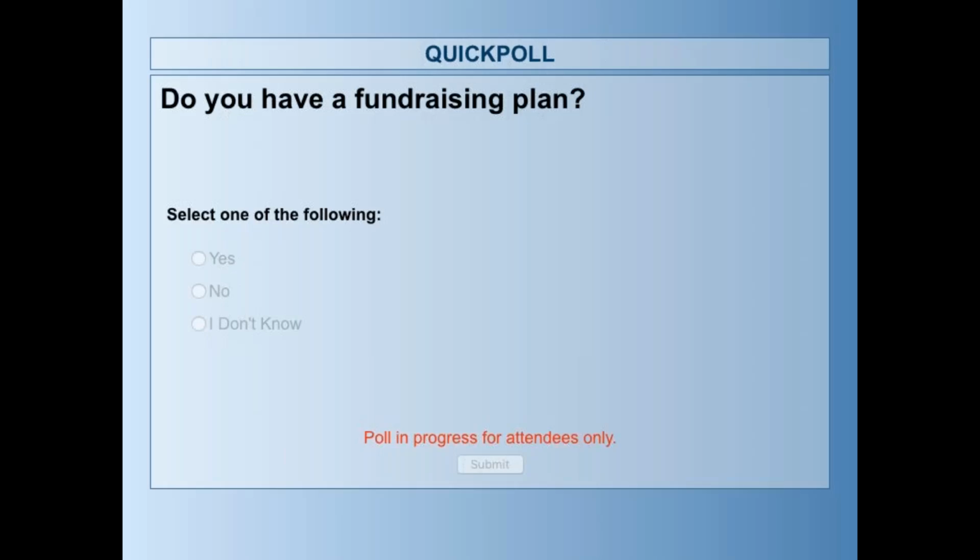Let's just see. For folks on the call, do you have a fundraising plan? I think we have a clear winner here, but if you haven't voted yet, please go ahead and vote.